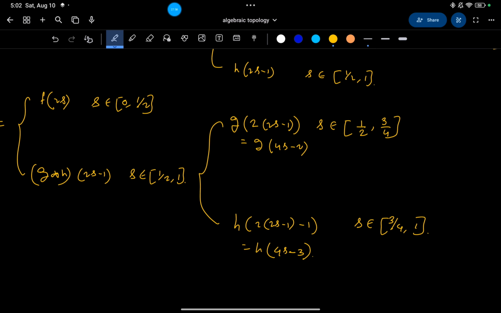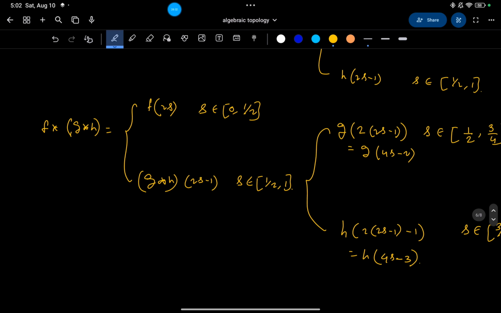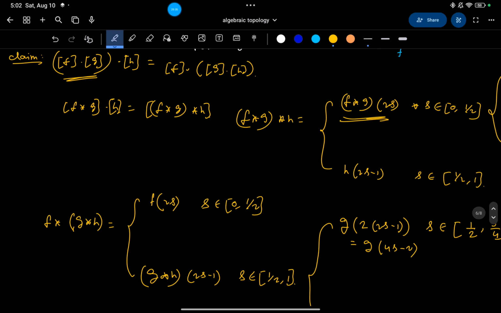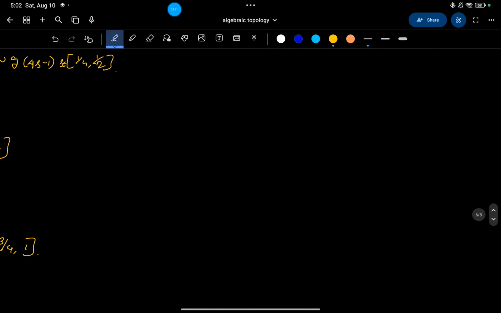So how can we define a homotopy between these two maps? The homotopy between these two maps will be defined the following way. By the way, let us have a picture representation.